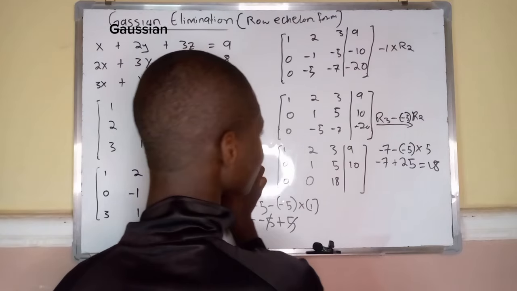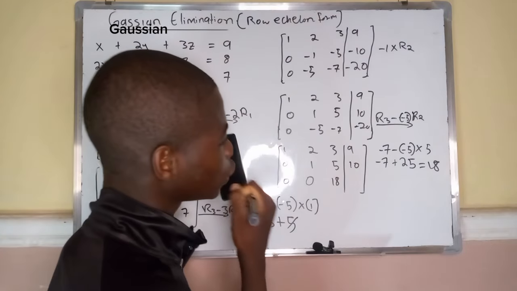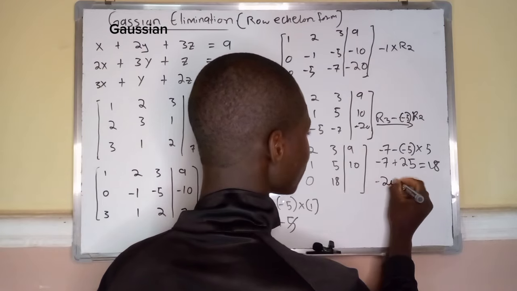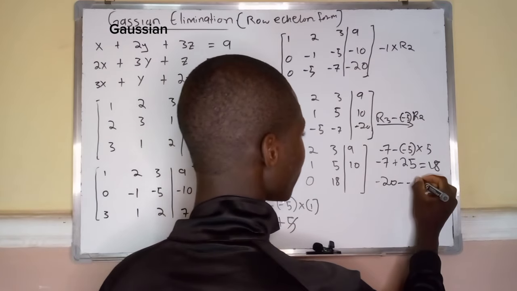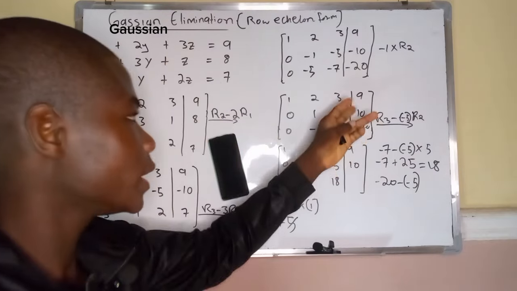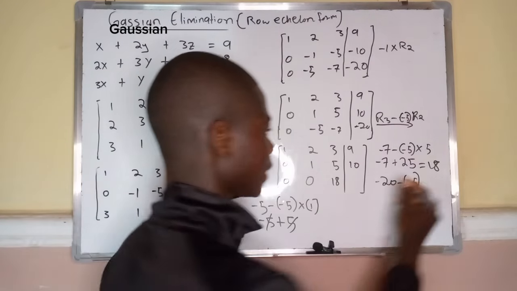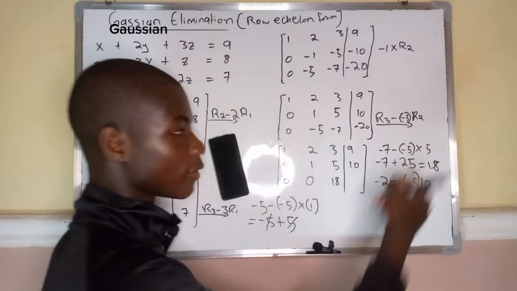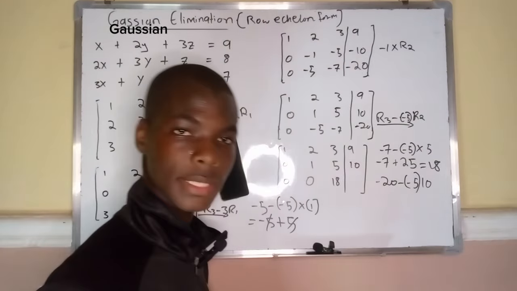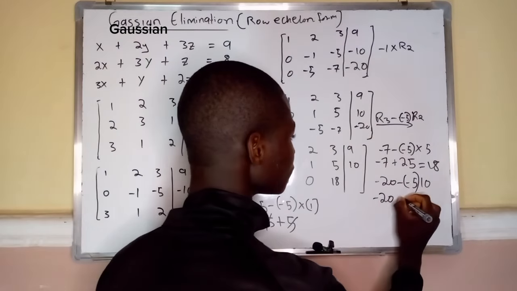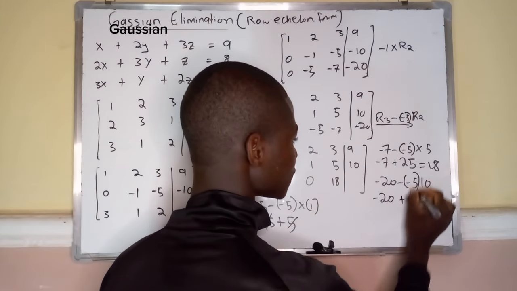And therefore, the next thing to do is I will have row 3, which is negative 20 minus minus 5 multiplied by row 2. My row 2 is 10. So therefore, I will multiply by 10. 5 times 10, which is 50. Therefore, minus 20 plus 50.